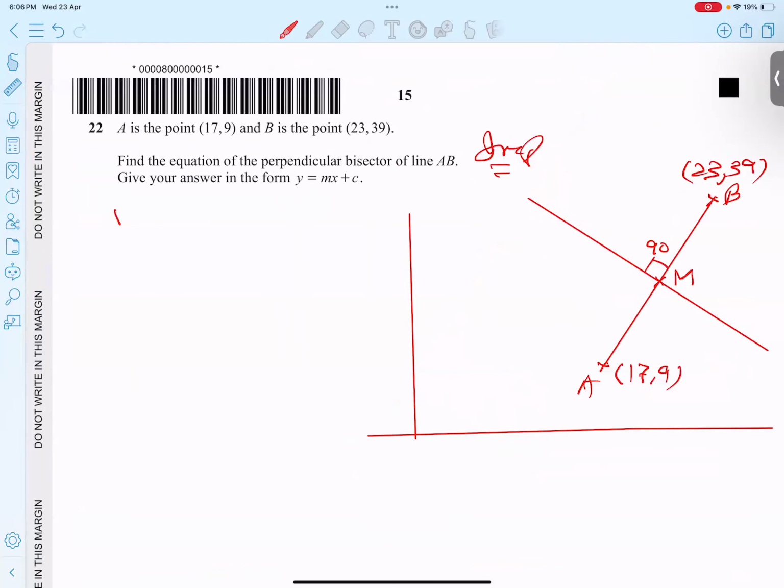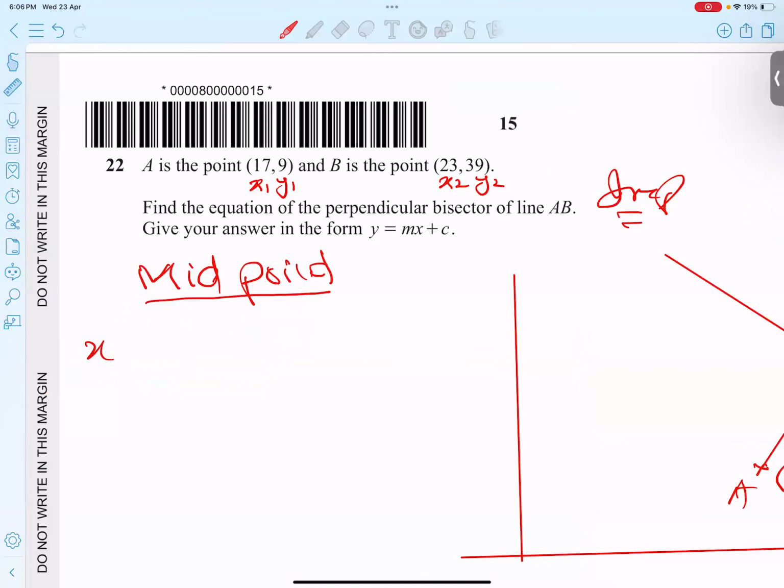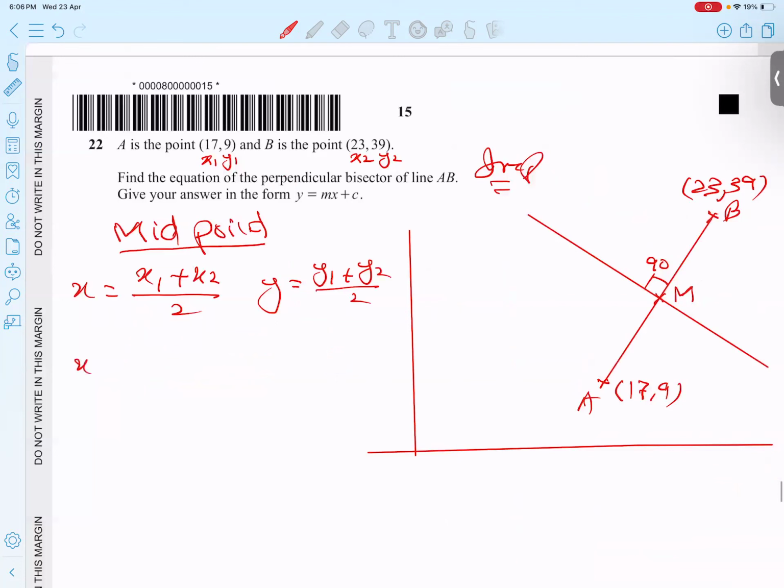This point is called M, which stands for midpoint, which will make 90 degrees with the line AB. So first of all, my task is to find the midpoint coordinates. The best way to start: x1, y1, x2, y2. The midpoint formula, all of you are familiar: x1 plus x2 divided by 2, and y1 plus y2 divided by 2. So x1 is 17, x2 is 23, I got 40, and 20.